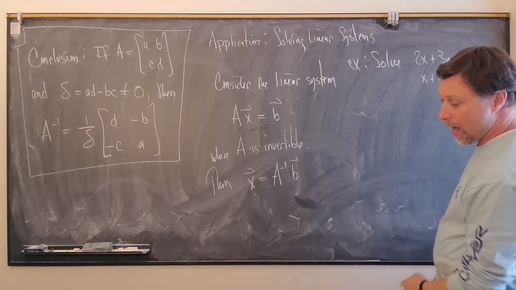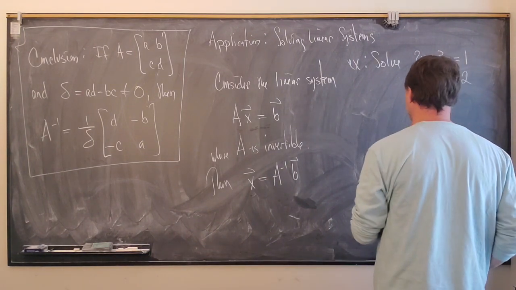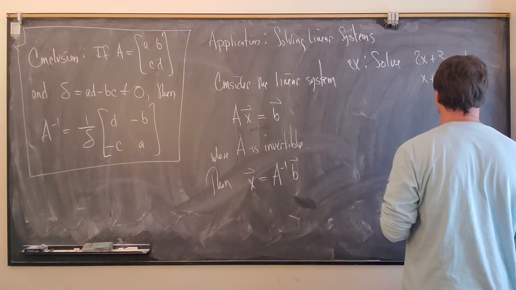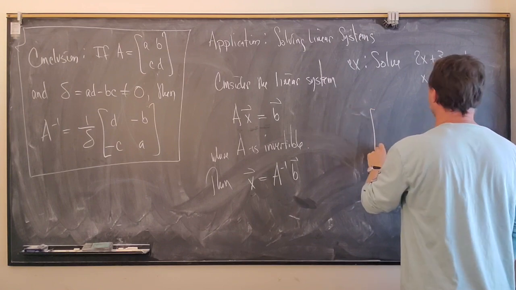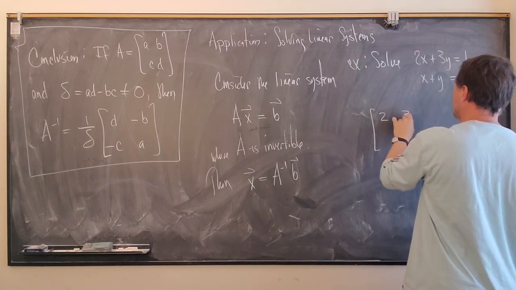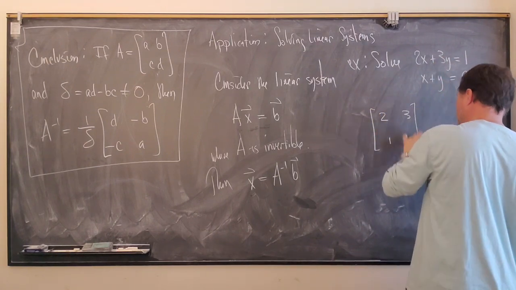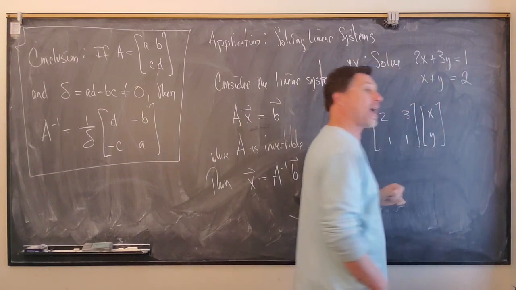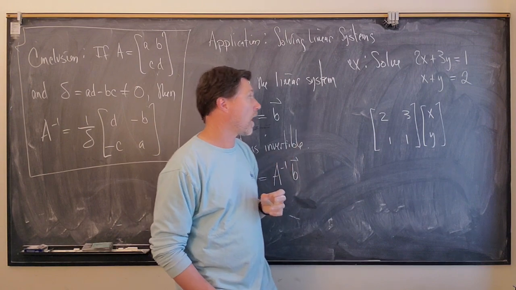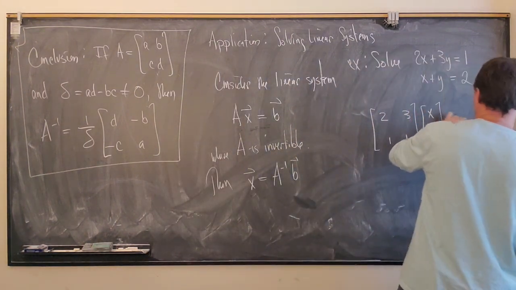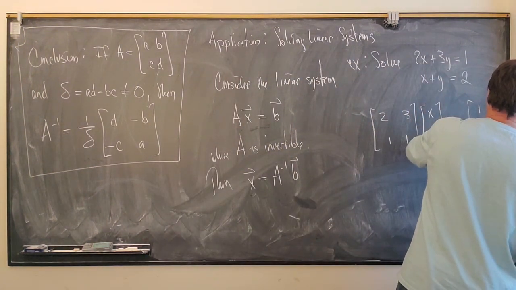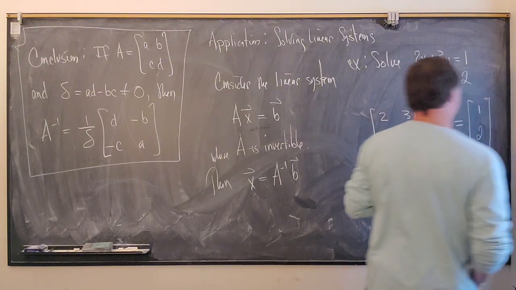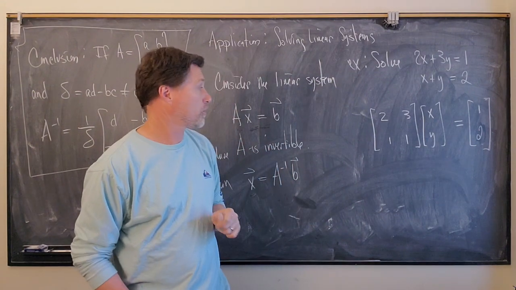Now I can rewrite this as a matrix equation in the form AX equals B. My coefficient matrix will be 2, 3, 1, 1. My column vector bold-faced X will consist of the variables x and y. And then on the right-hand side, my column vector B is the column vector 1, 2.